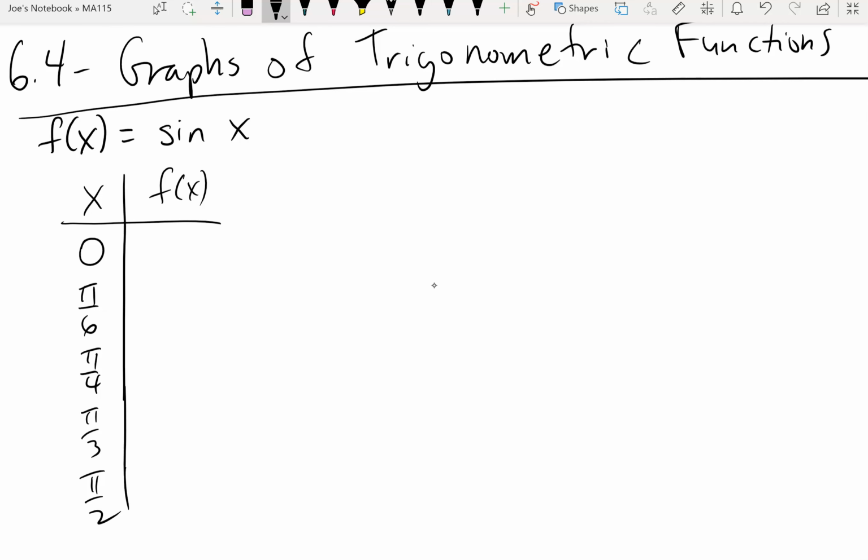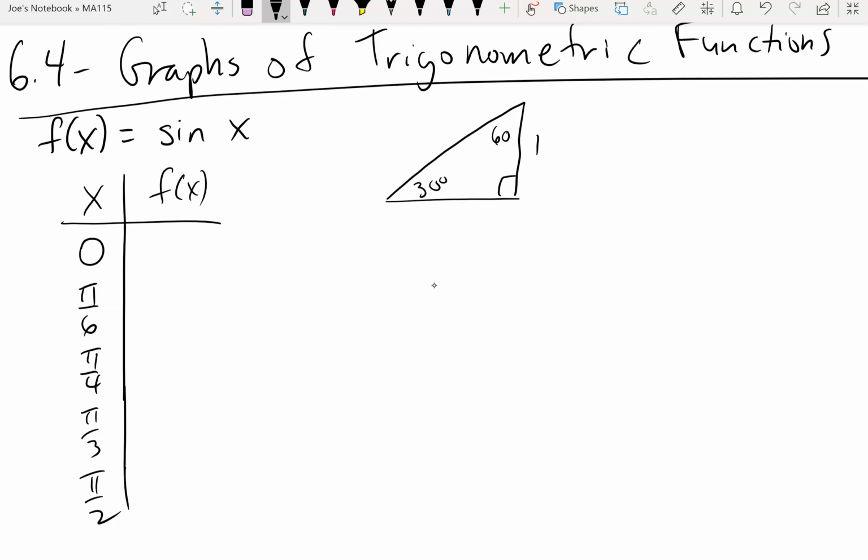Now a couple of those, we haven't talked about the exact values yet, but we have talked about pi over 6, pi over 3, and pi over 2. Pi over 6 is the same thing as 30 degrees. What's the sine of pi over 6? If you think about the triangle, 1 over 2?